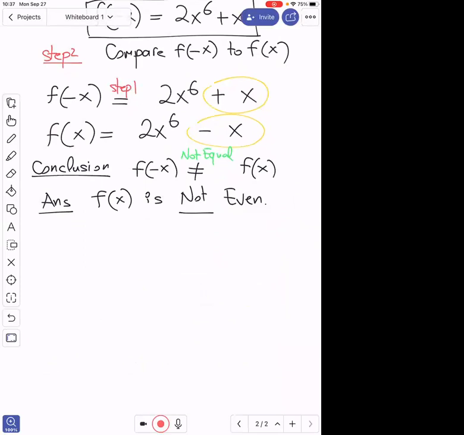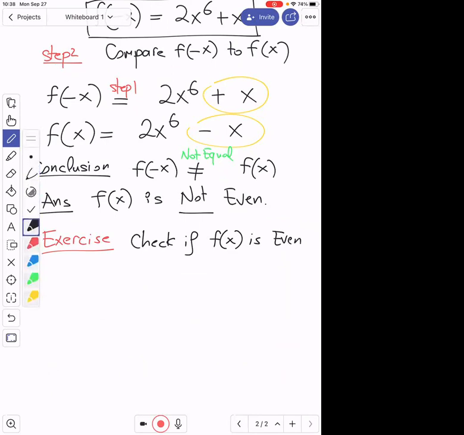So here's an exercise. Please check if f of x is even. Let's have two different functions.